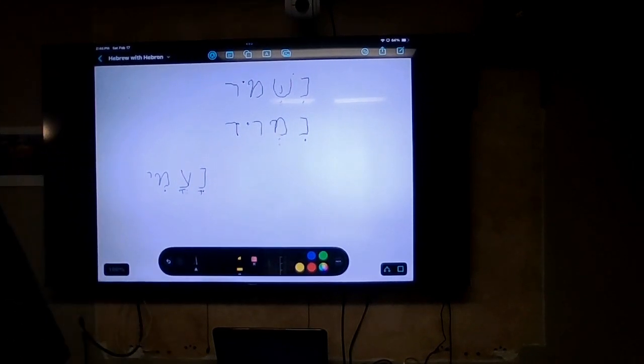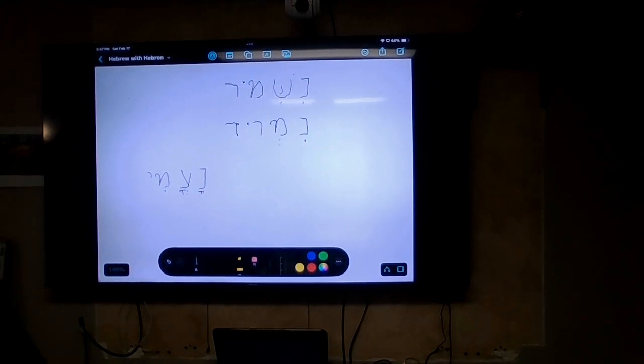Vayomer Elohim yehi or. Vayehi or. And there was light. So now Lauren's going to ask, what's the difference between the first Yehi and the second Yehi?